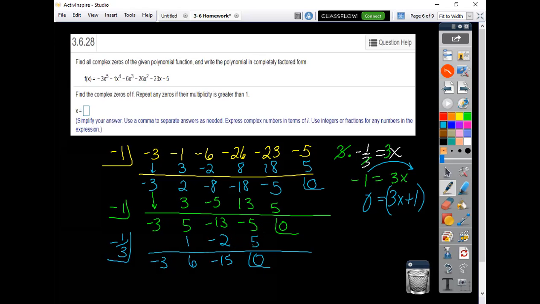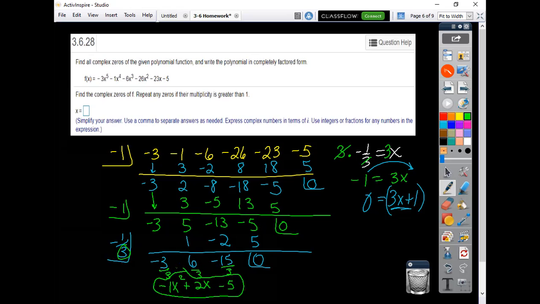Since this was supposed to be a 3x, these are all 3 times bigger than they're supposed to be, so we have to divide all of these by the denominator. We get negative 1, 2, and negative 5: numbers, x's, x squareds. That's what's left after we take those 3 out.